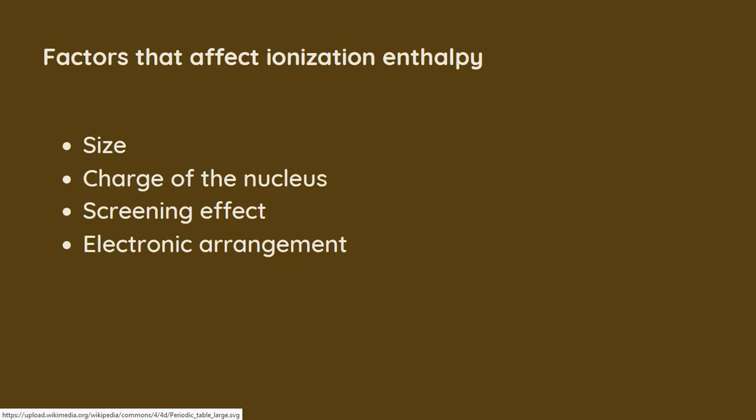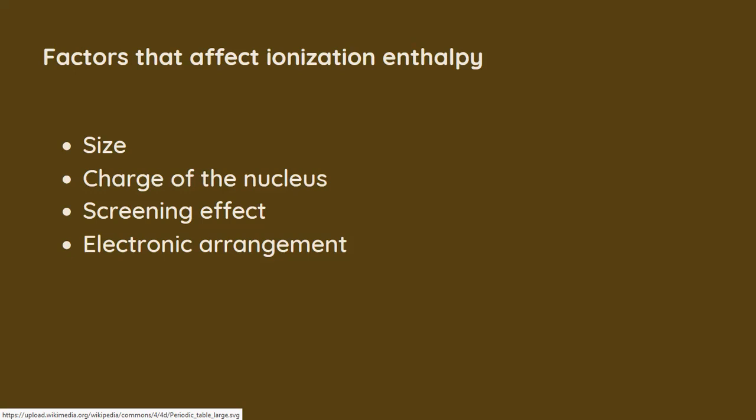So these are the various factors. First is the size. The bigger the size of the atom, the easier it is for us to remove the electrons, so lower will be its ionization enthalpy. Charge of the nucleus. Higher is the charge of the nucleus, more effect it has on the outermost electrons, more difficult it is to remove, so higher will be its ionization enthalpy.